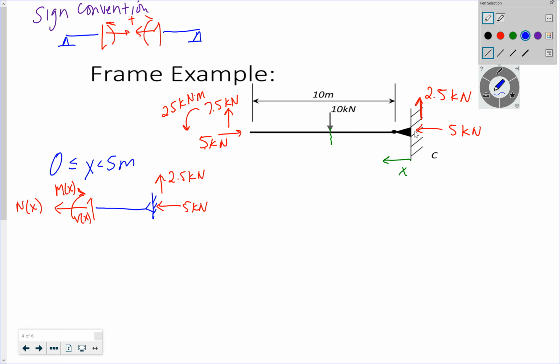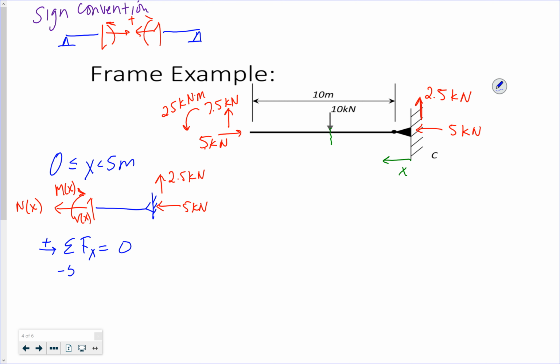So let's do the sum of the forces in the x direction. I have my negative 5 kilonewtons minus my axial force is equal to 0. So my axial force is equal to negative 5 kilonewtons. That means my beam is in constant 5 kilonewton compression.